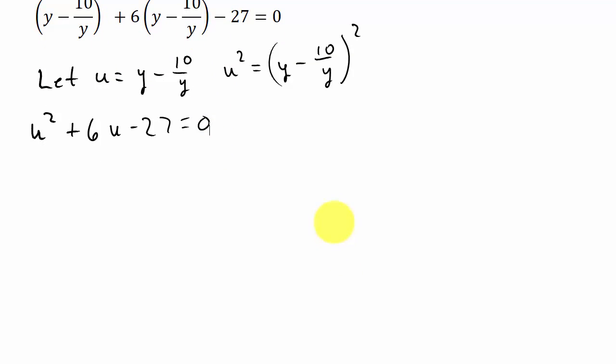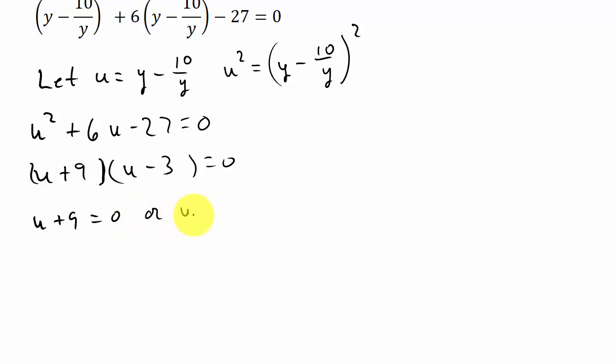Okay. And then I'm going to factor. It's u plus 9, u minus 3. So u plus 9 equals 0, or u minus 3 equals 0. So u equals negative 9, or u equals 3.